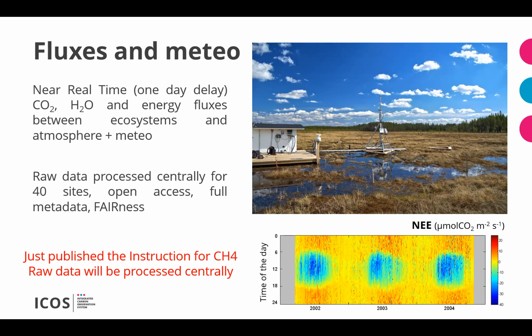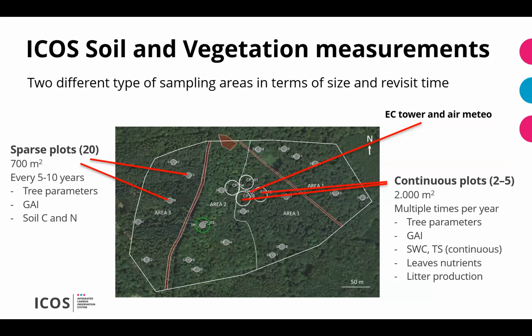I would say by 2026, if we take 2025 as a build-up period where they have to set up the station and we have to set up the data processing, there will be this near real-time and also consolidated version of methane and N2O fluxes from the ICOS network.